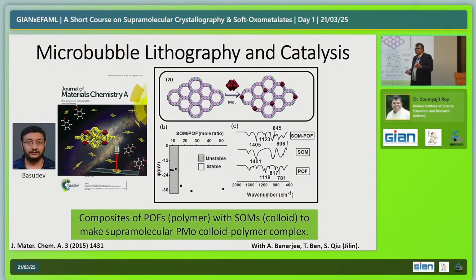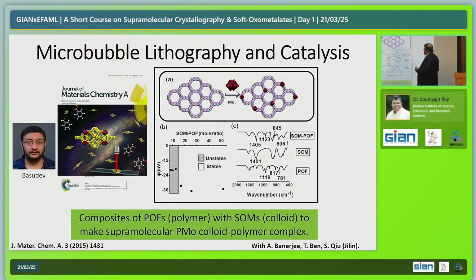You have seen this unit again earlier, right? So we try to work with Mo7 type units because this is the simplest polyoxometalate for us. We don't want complex polyoxometalates because then the interactions become difficult to understand and it becomes difficult to go over there.